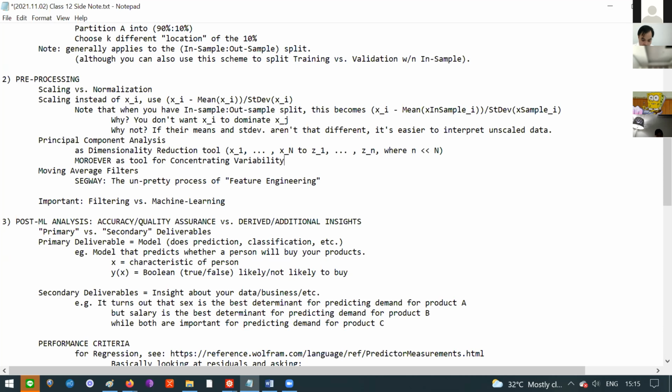In other words, if you have this, Z1 has more variability than Z2. And so, in other words, it takes into account all the movement of the input.